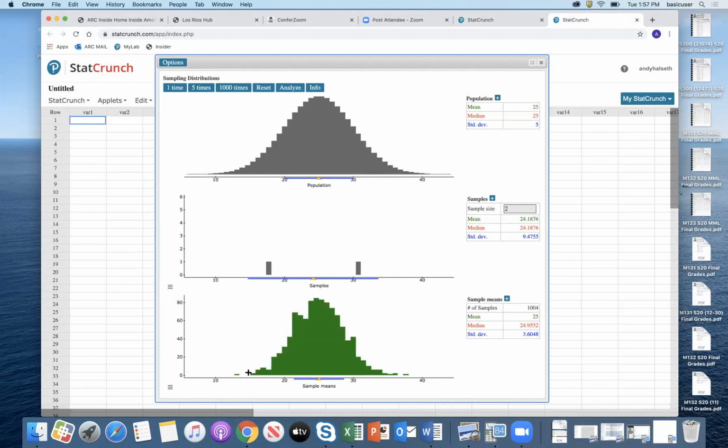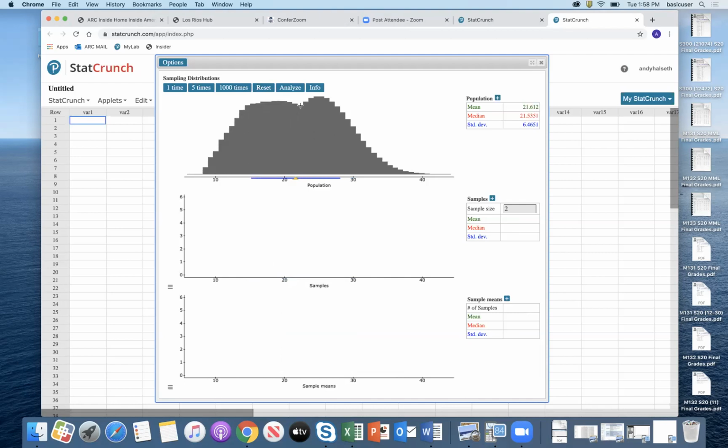What happens though if the original population was not bell-shaped? I can come back up here and reset this, and I actually can draw my own distribution. So maybe it's skewed to the right a little bit. A lot of younger ages at this college, not too many older ages. Let's make it even more extreme.